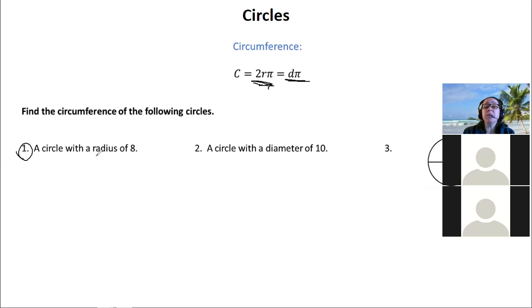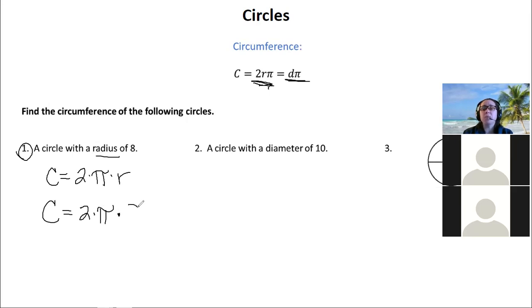Since I'm given a radius, I'm going to use 2 times pi times the radius for my circumference. So I'm going to go 2 pi times 8. To get my exact answer, I just multiply the numbers. So I get 16 pi. And that exact answer is done.